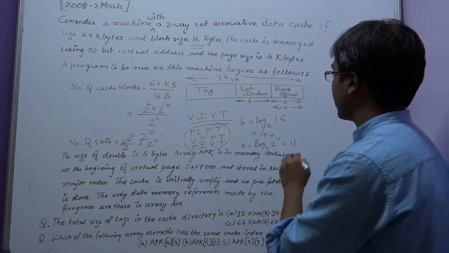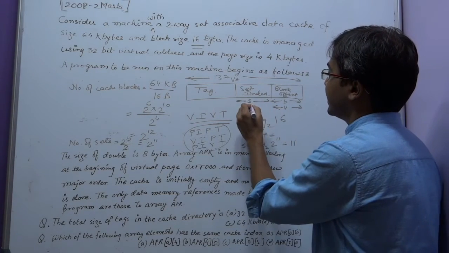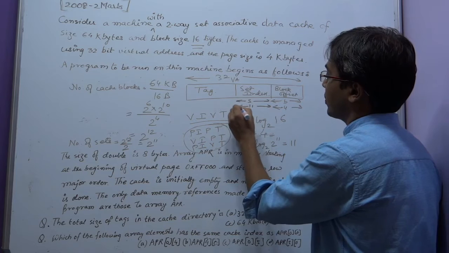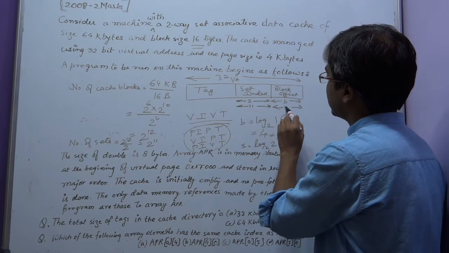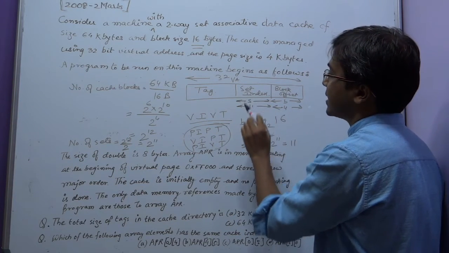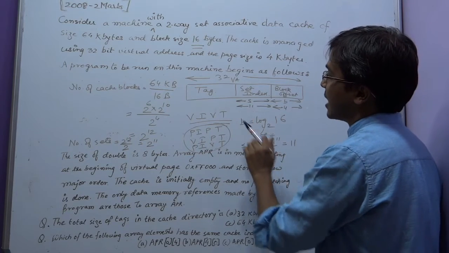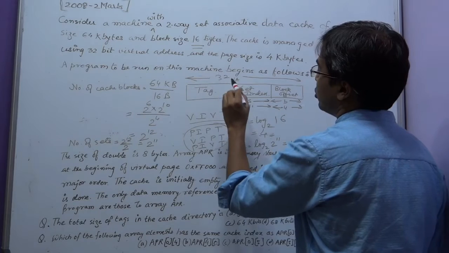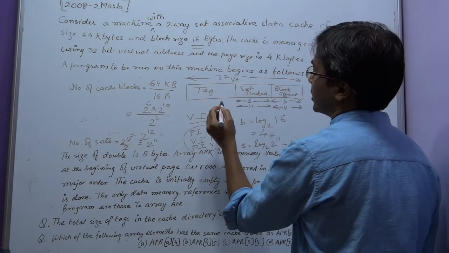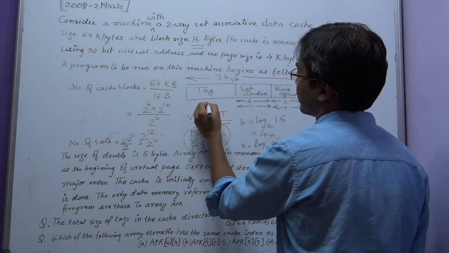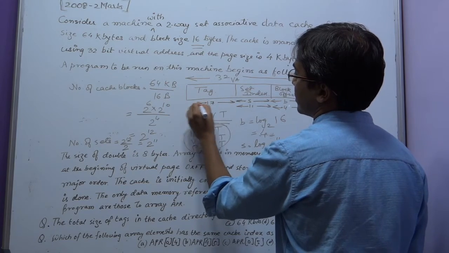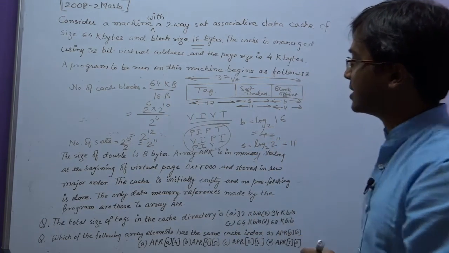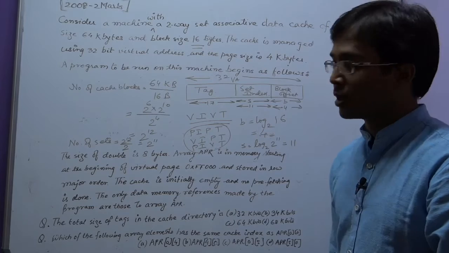So 11 is the required number of bits in set index. So we have 4 bits wide block offset, 11 bits wide set index, and the remaining bits are there in the tag field. So 32 minus 11 minus 4 is 17. So tag field here is 17 bits wide.